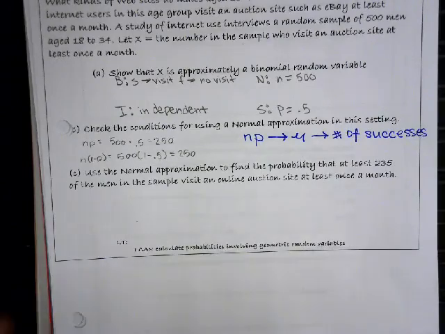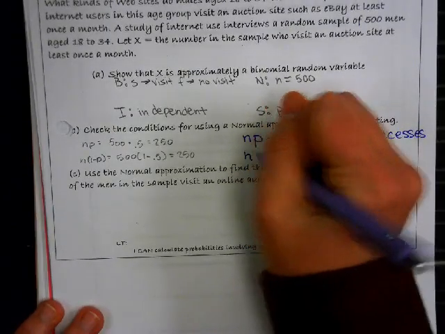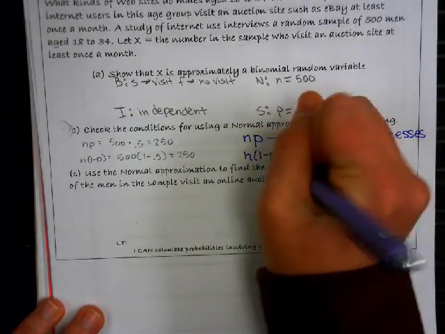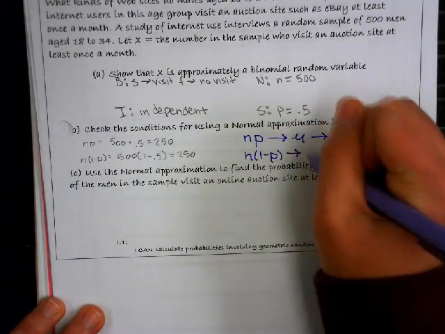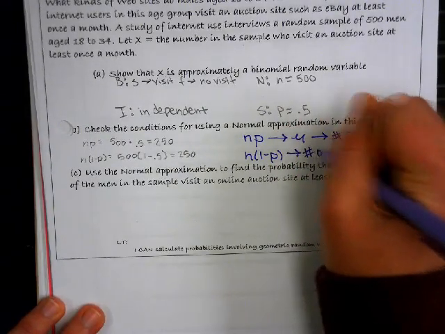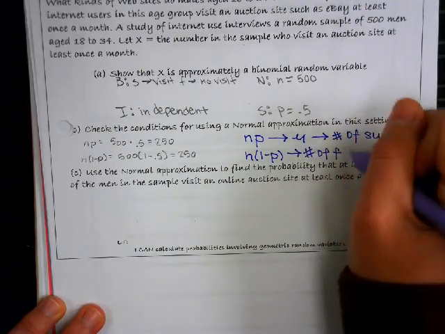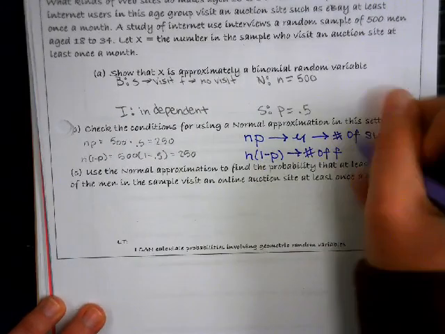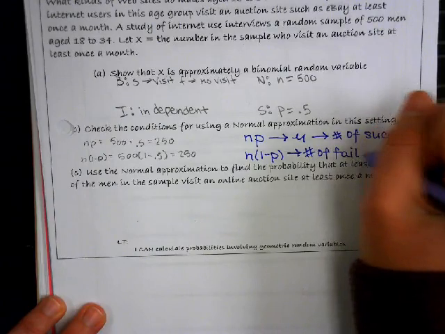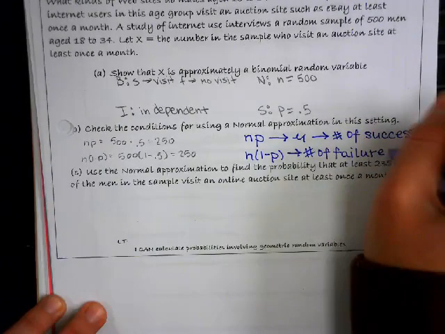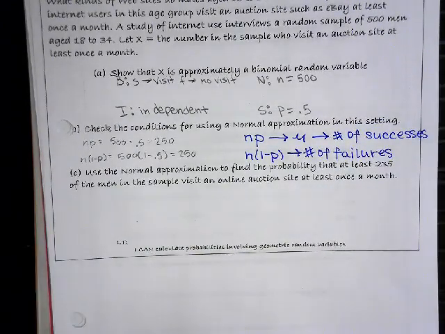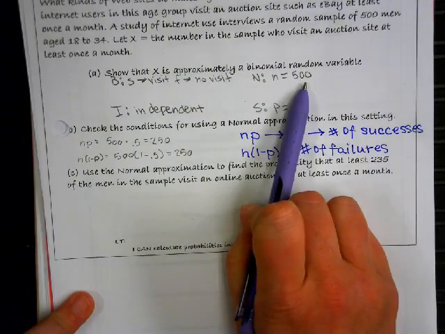N times 1 minus p, that's nothing mean or standard deviation wise, but it's the number of failures. Let's say 1 minus p. Yeah, 1 minus p. The number of failures and the number of successes should add to n.